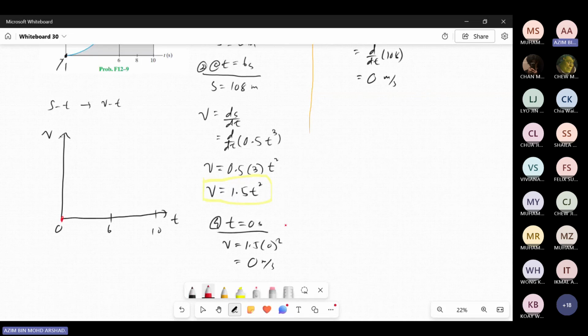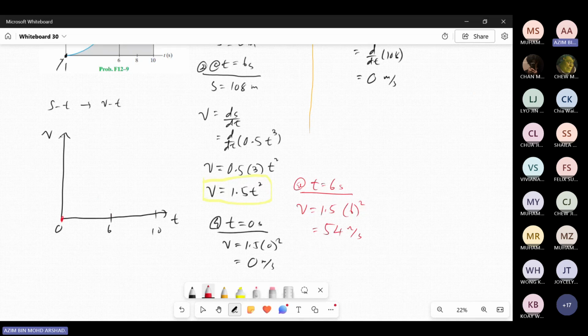And then at t equals 6 seconds, v equals 1.5 times 6 squared. So we have 36 times 1.5, which is 54 meters per second. I think this is correct.